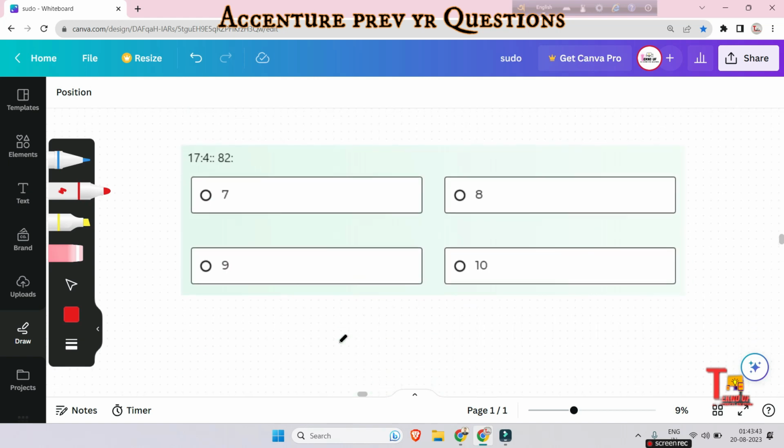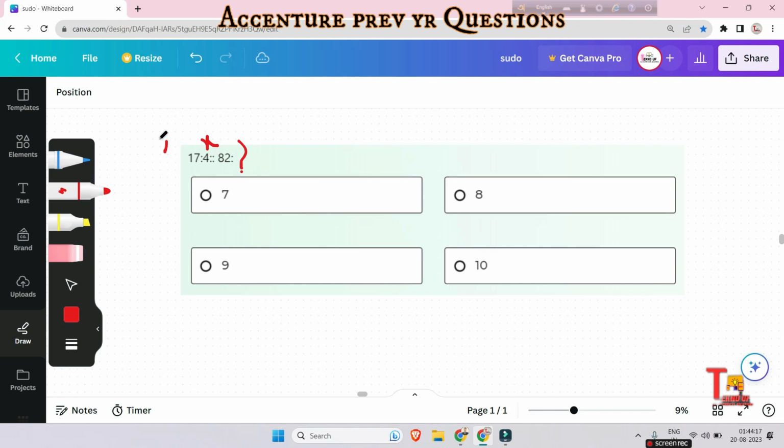That is 17 is to 4 and 82 is to what? You can pause the video and give me the answer. I hope you are trying by yourself. This will be beneficial for you, not for me. The relationship between them is, let's say 4 is x. And how does 17 come?